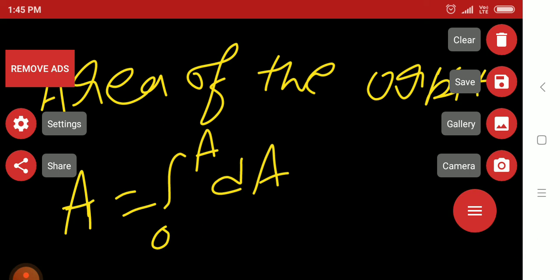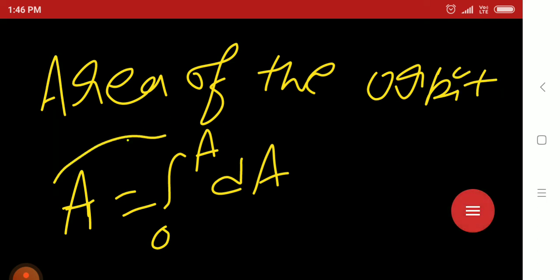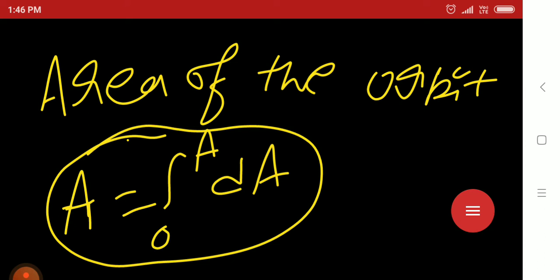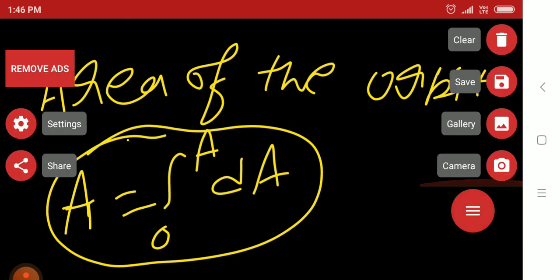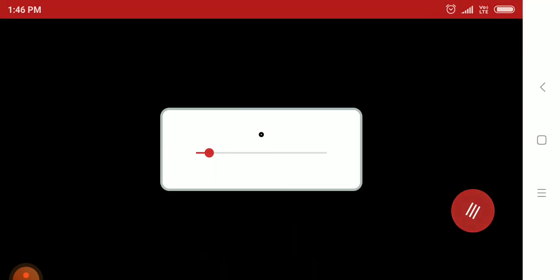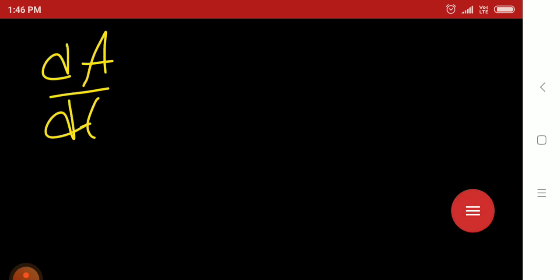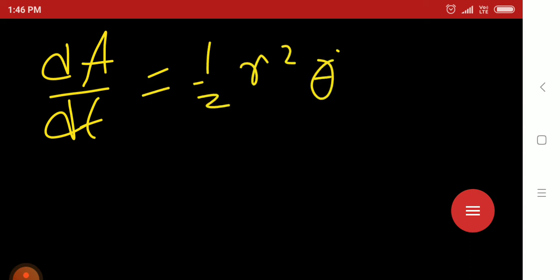From Kepler's second law, we have got that areal velocity is constant in planetary motion, that is, the radius vector from sun to planet sweeps equal area in equal time. So from Kepler's second law, dA by dt equals half r square theta dot.